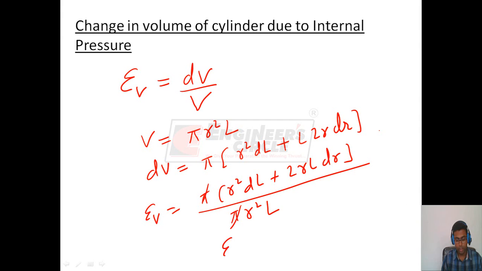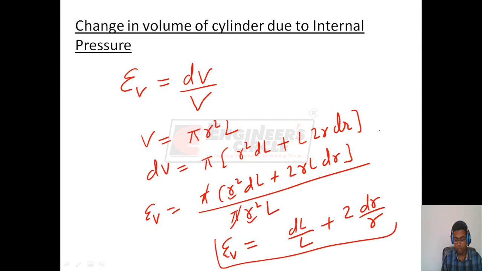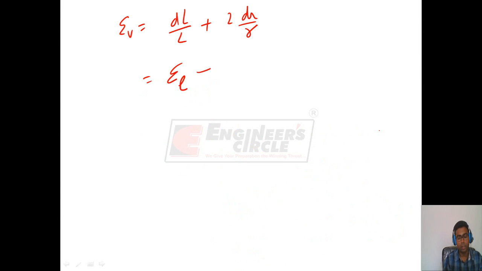Cancelling this, we can write epsilon V as dL by L, because r square and r square will cancel out, plus 2 times dr by r. So this is the volumetric strain for thin cylindrical pressure vessels. Now we can write this dL by L as change in length upon original length, which will be the longitudinal strain, plus 2 times dr by r, which is change in radius by original radius.